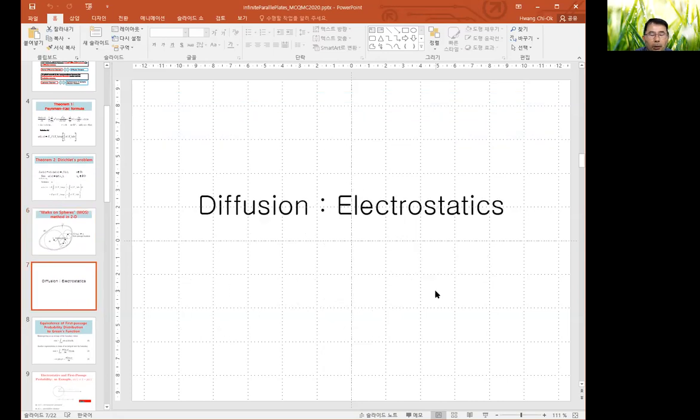Also, if you know the correspondence between diffusion processes and electrostatics, that will help you better. Because using diffusion processes we can solve differential equation problems, but many diffusion processes can be obtained from electrostatic problems.